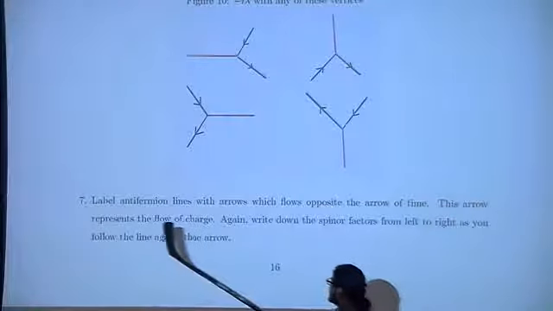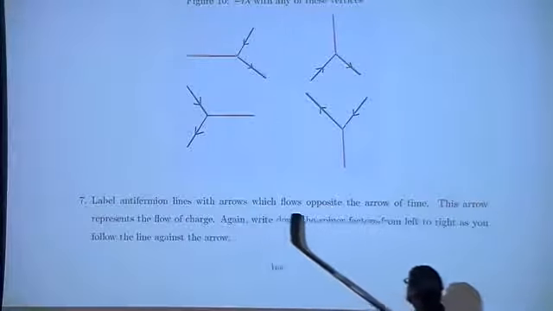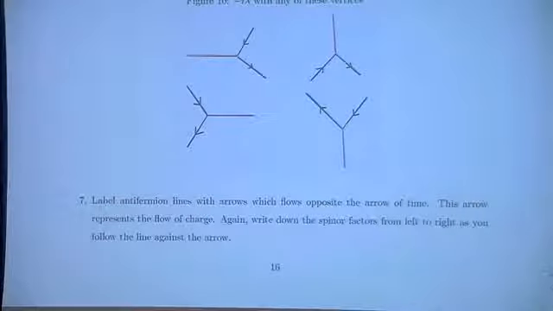Label antifermion lines with arrows which flow opposite the arrow of type. This arrow represents the flow of charge. Again, write down the spinor factors from left to right as you follow the line against the arrow. Same rule as before.